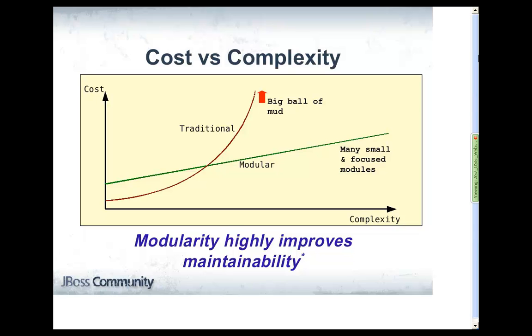However, when you think about modularity explicitly, you come up with a solution which is much, much more maintainable when your system grows, right? And you see OSGi is the green line. As complexity grows, cost will scale linearly. Whereas if you don't design for modularity, then as complexity grows, you have 100, 200 jars in your system.